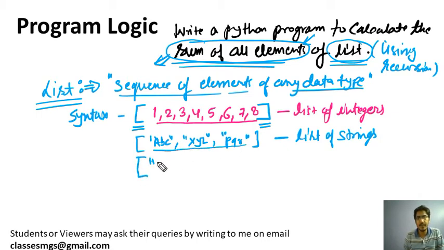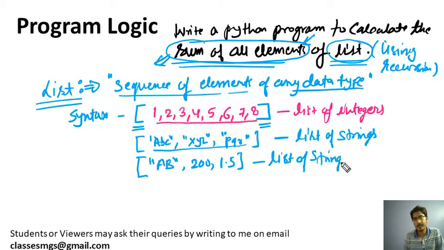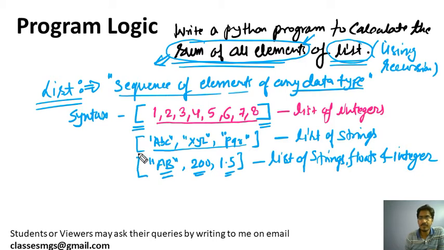Another example: we have A, B, then 200, then 1.5. So this is a list of strings, floats and integers. So a list is basically a sequence of elements of any data type. The data type may vary, so this is known as any data type, a collection of any data types.